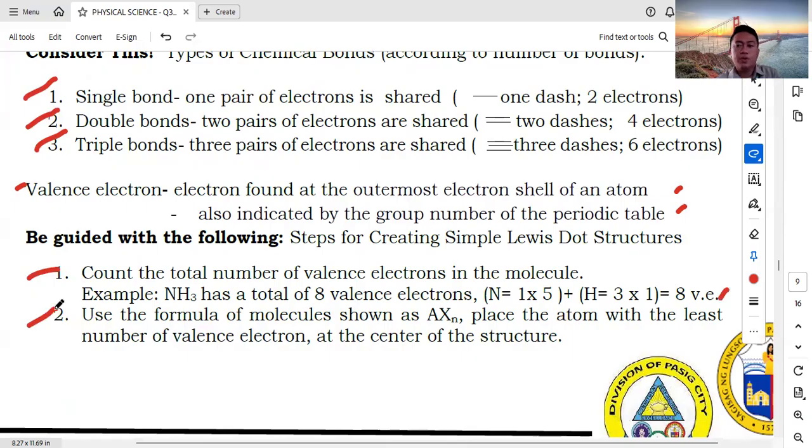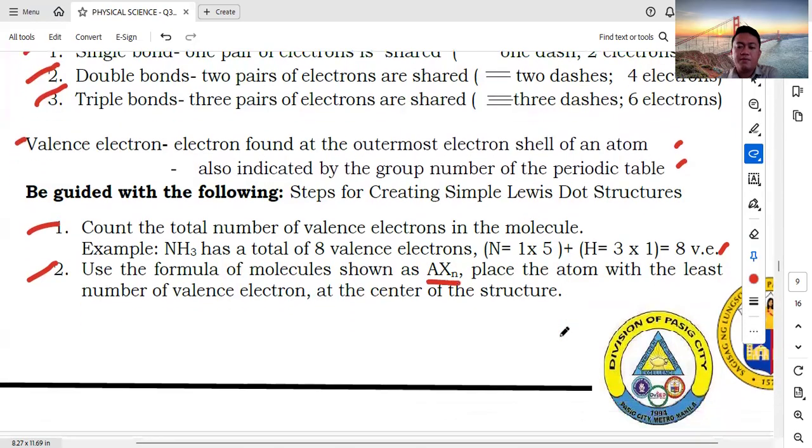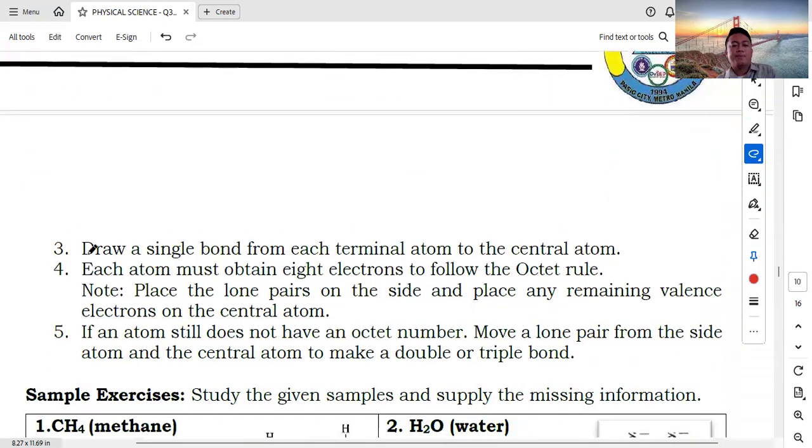Number 2, we use the formula of molecules as shown, so that AXn. You place the atom with the least number of valence electrons at the center of the structure. And number 3, you draw a single bond from each terminal atom to the central atom.